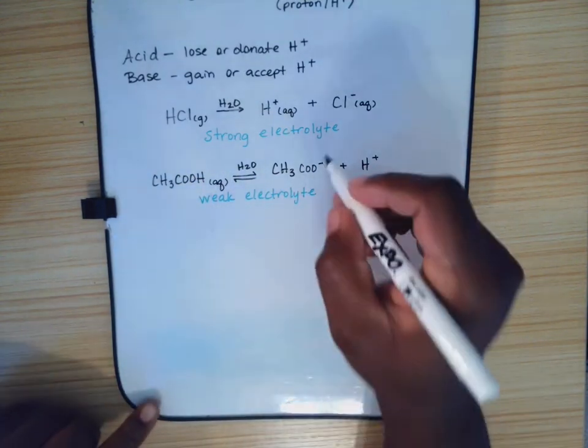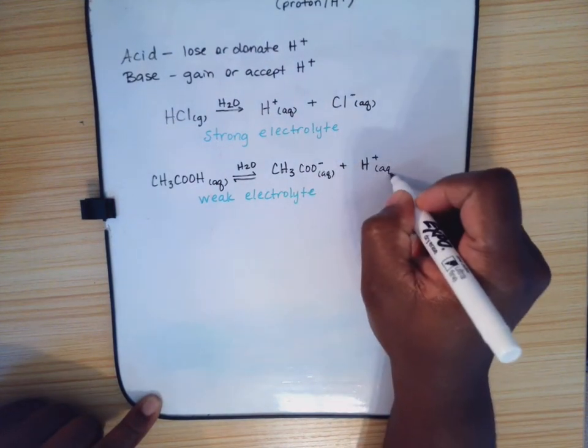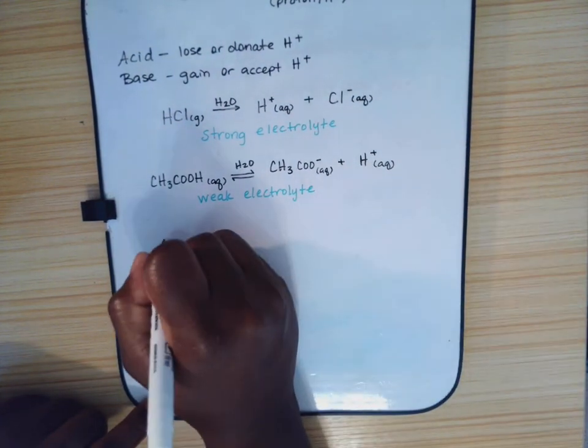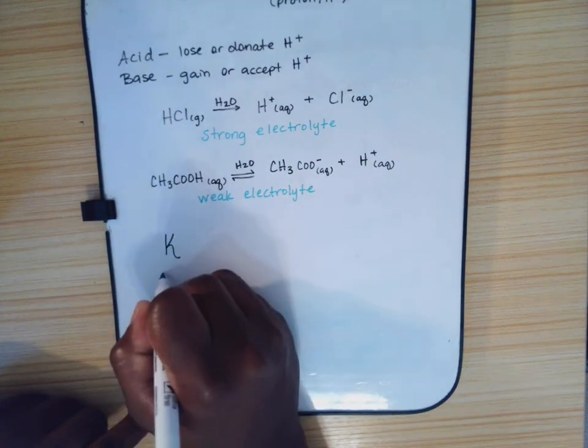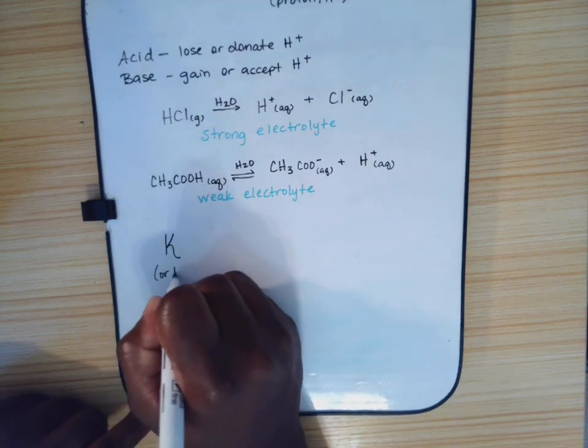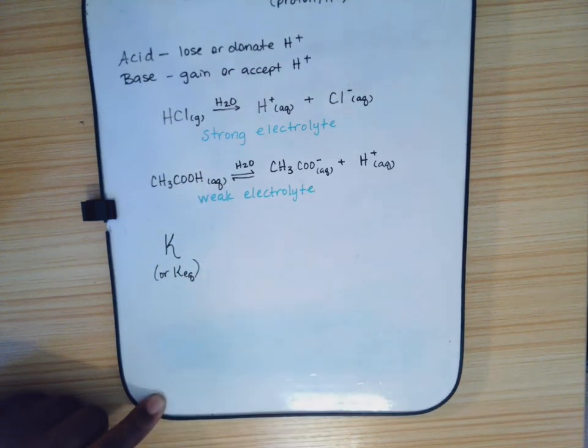When that takes place, we can show an expression for that equilibrium. That expression, we can see it represented as K, or we can even see KEQ. The EQ just means equilibrium.